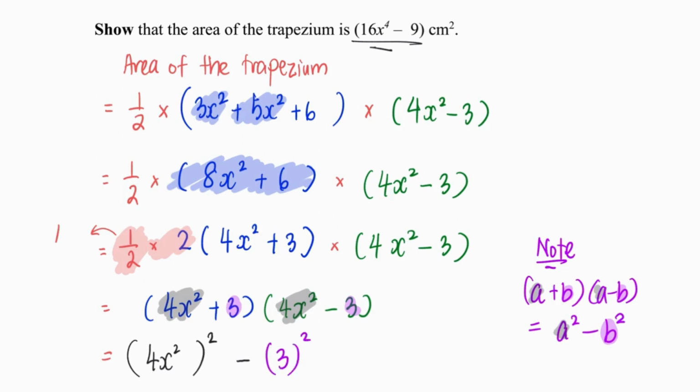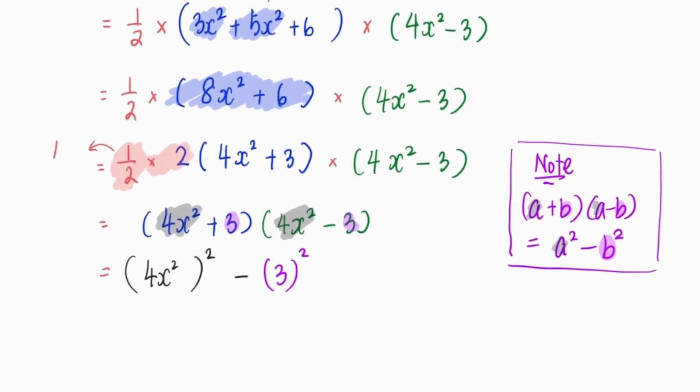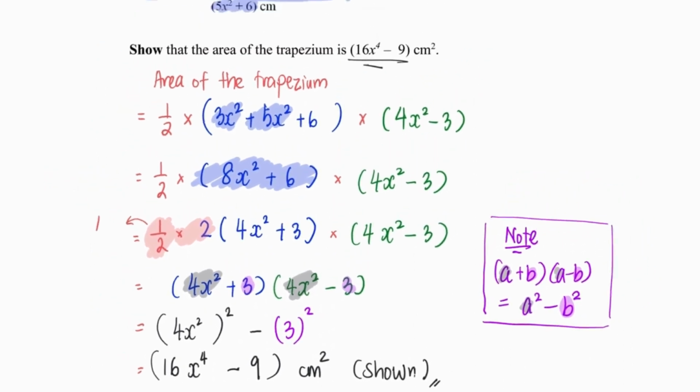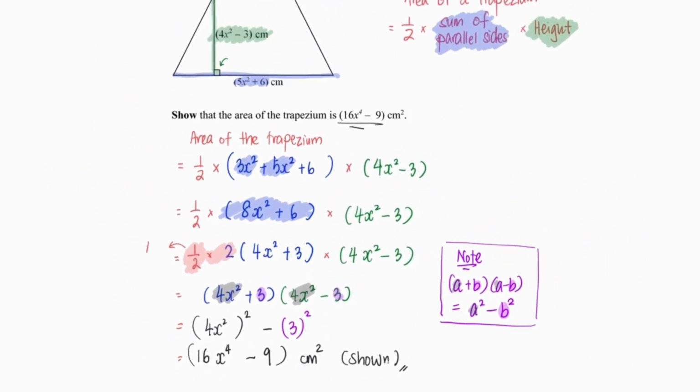By applying this, and after which, 4x squared squared is equal to 4 times 4, 16. X squared times x squared, x power 4. 3 times 3, 9. And this will be the answer that we have successfully shown that the area is indeed 16x power 4 minus 9.